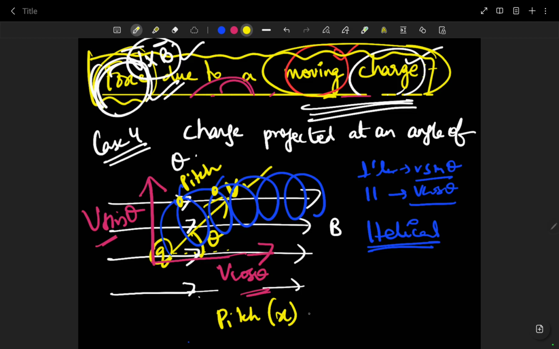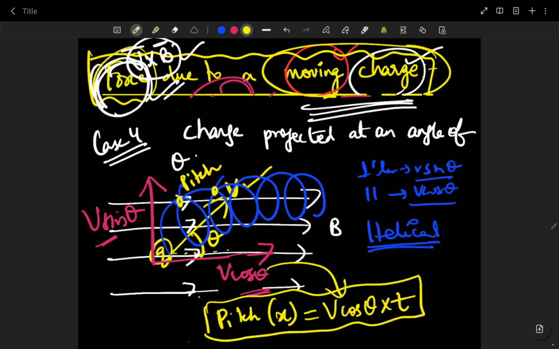So that is distance traveled in x-axis direction, correct? So that will be equal to v cos theta, from where we have taken it, into the time that the charge is taking to travel. Okay, so this formula can be used in order to measure the distance traveled by the charge in the helical path. Okay, in case 4, when we are intentionally projecting the charge at an angle theta of our choice.